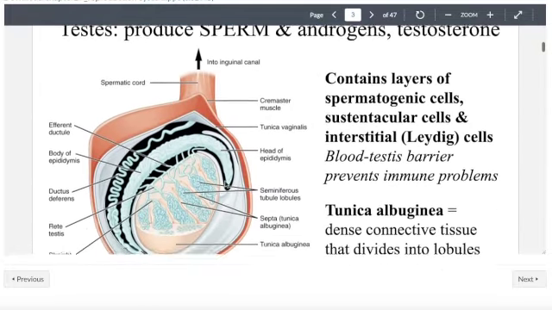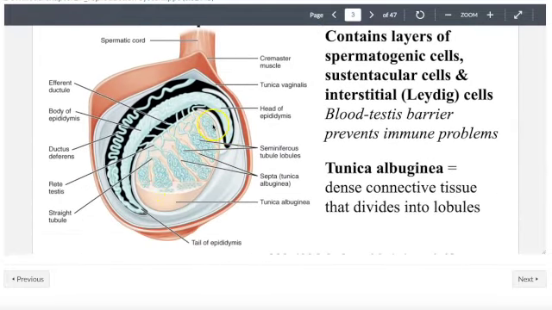So here is a look at the testes, and then we're going to look at the epididymis. Here's the main body of the testes. On top of the testes, there's something called the epididymis. This is where your gametes, your sperm, are developed.